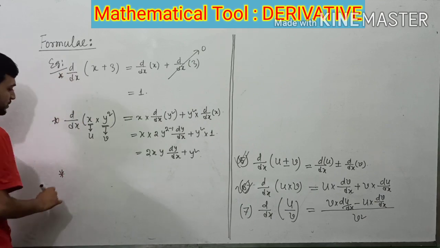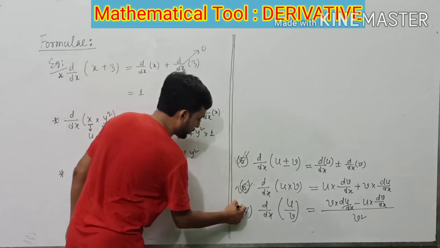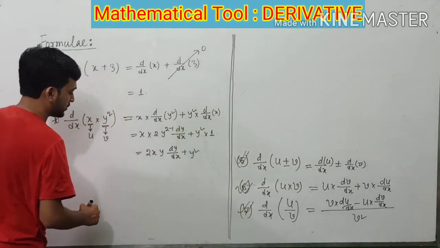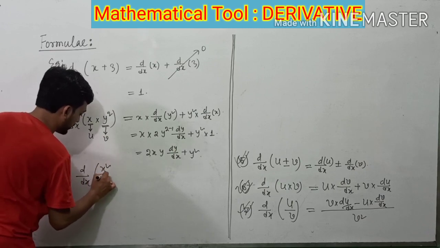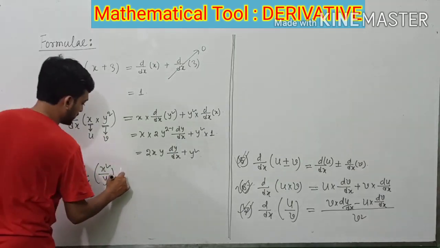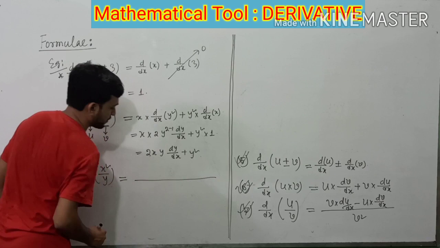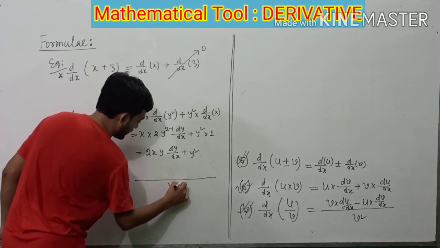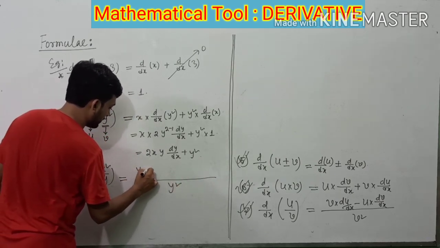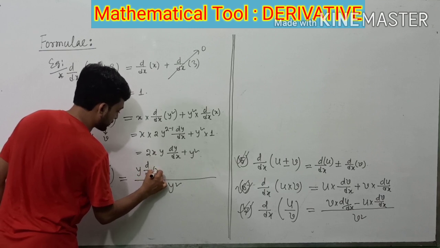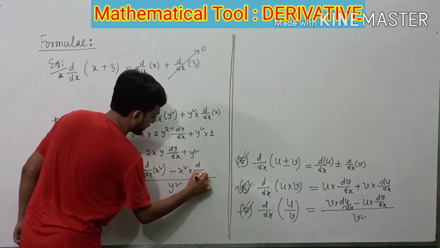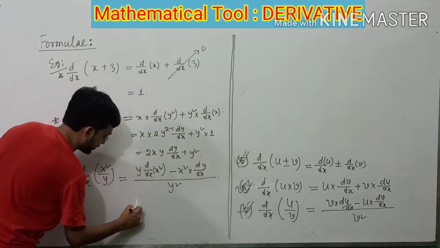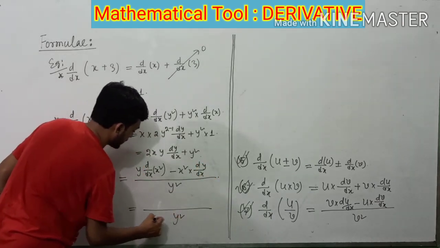Another example I am considering on the basis of formula 7. d/dx of x square by y. This will be y square, y multiplied by d/dx of x square minus x square multiplied by d/dx of y, is equal to y square.